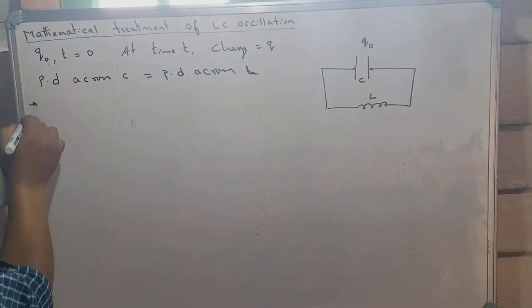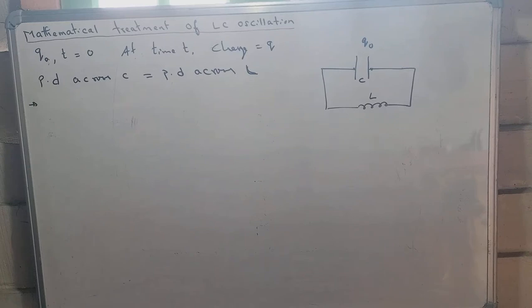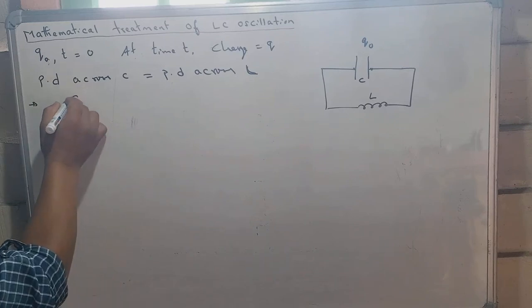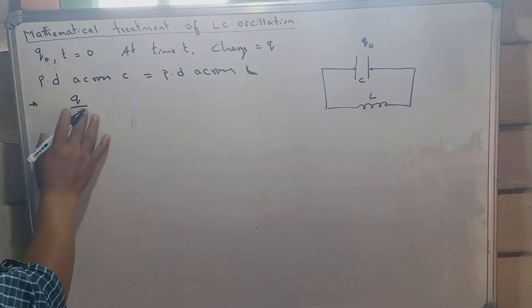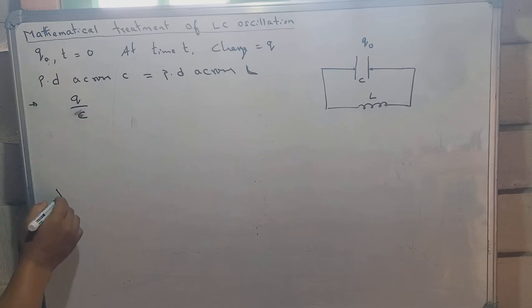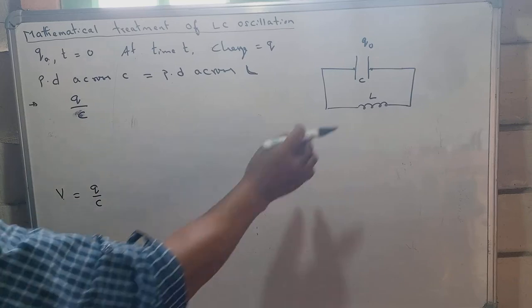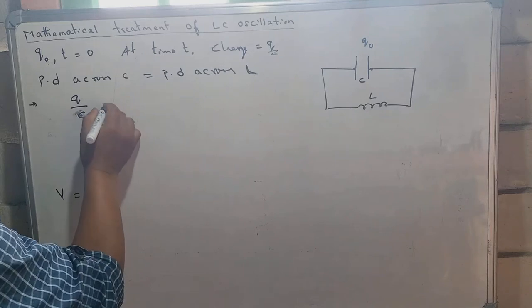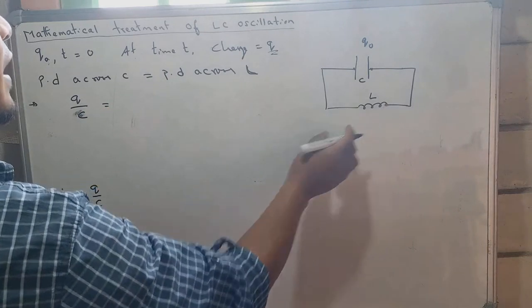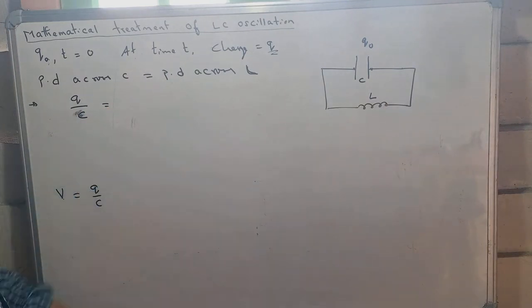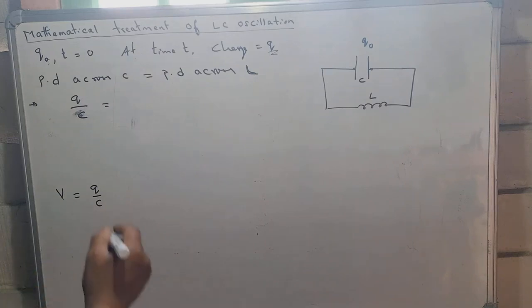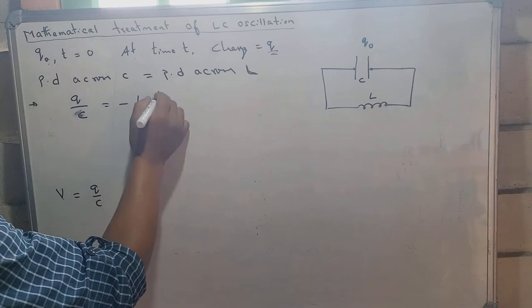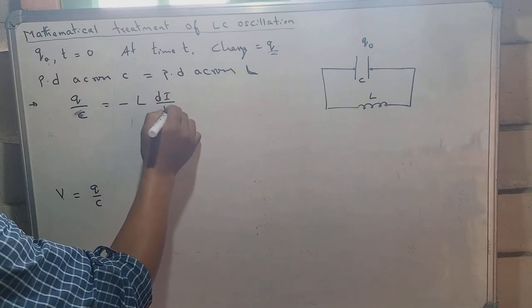The potential drop across the capacitor can be written as q upon C, because we know V is equal to q upon C, and the charge is q at a time t. And the potential drop across the inductor at a time t is nothing but the induced EMF, which is minus L di upon dt.